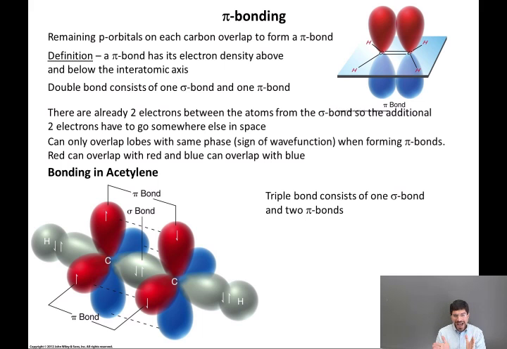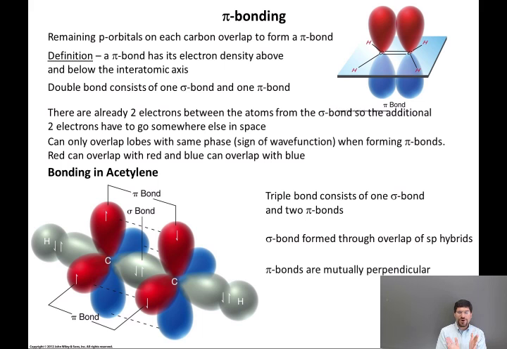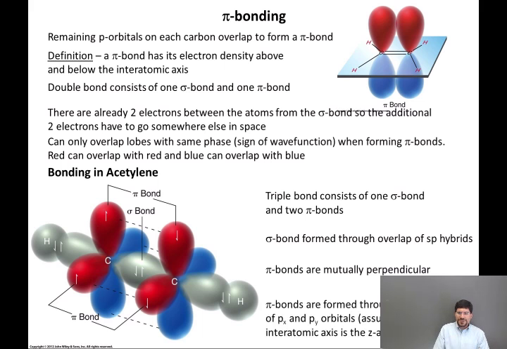and those p orbitals can overlap with each other to form 2 pi bonds. Okay, so a triple bond consists of 1 sigma bond and 2 pi bonds, and the pi bonds are mutually perpendicular to each other. For the vertical pi bond, red overlaps with red, blue overlaps with blue. For the horizontal pi bond, red overlaps with red, blue overlaps with blue.